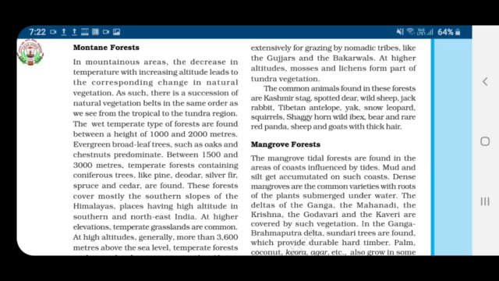Trees like pine, deodar, silver fir, spruce and cedar are found in the temperate forest between 1500 and 3000 meters. These forests cover mostly the southern slopes of the Himalayas, places having high altitude in southern and northeast India.